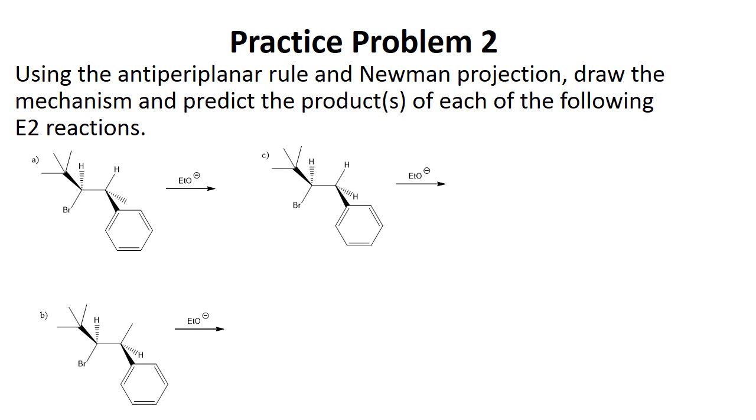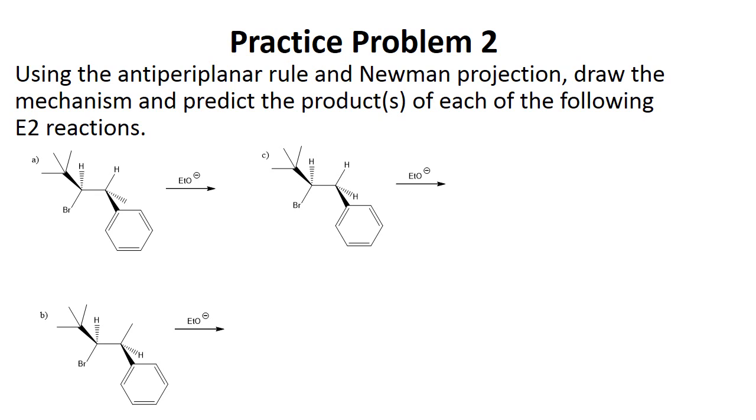Practice problem 2. Using the anti-periplanar rule and Newman projection, draw the mechanism and predict the product or products of each of the following E2 reactions. Be sure to look for the leaving group, which would be chlorine, bromine, iodine, or sulfonate, and that's the alpha carbon leaving group bond.